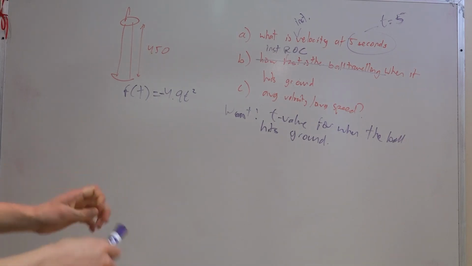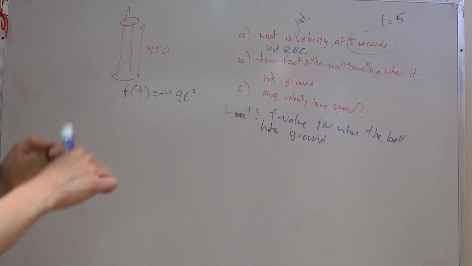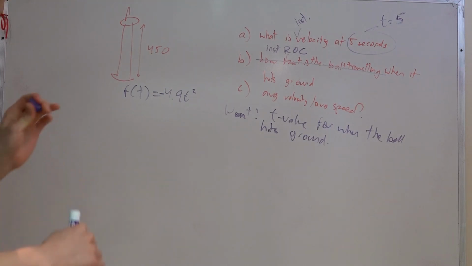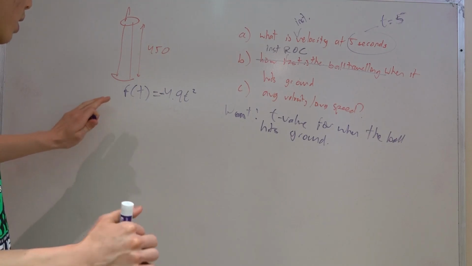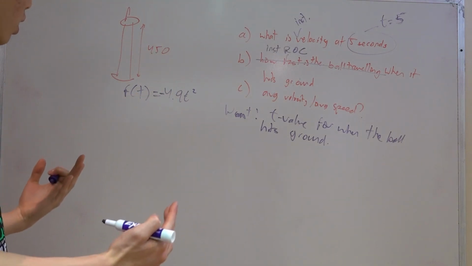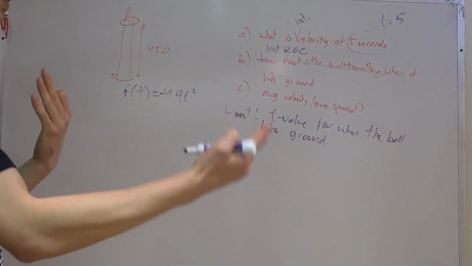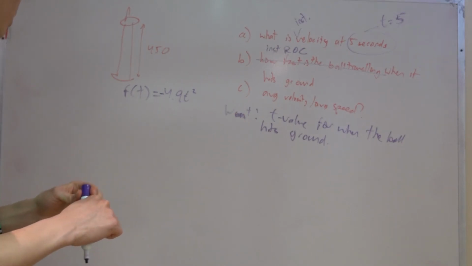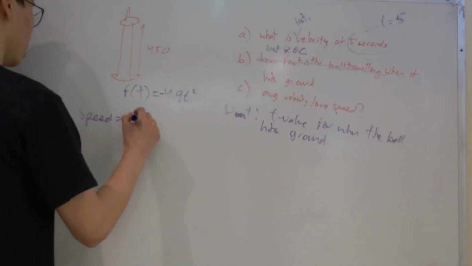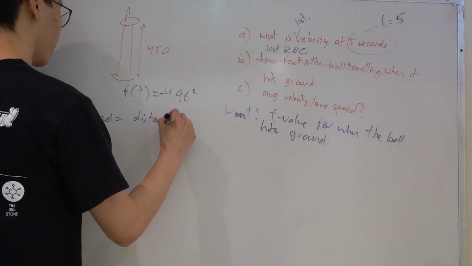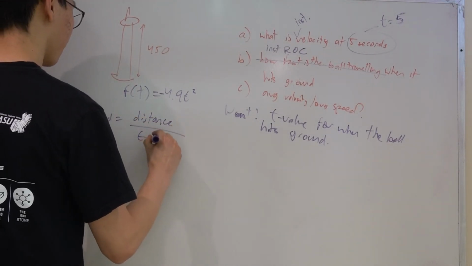So remember what we need is t, and something that I know about time and distance is some relationship between how speed, distance, and time are all related to each other. So let me write that down. Speed is equal to distance over time.